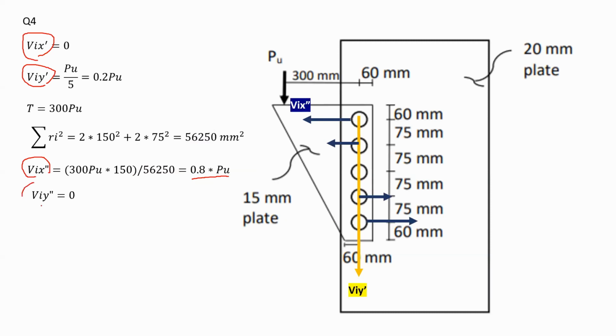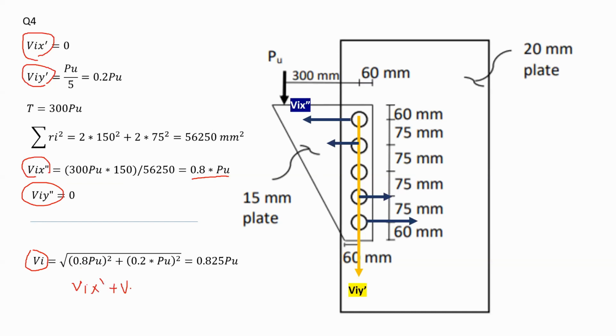Now I have all the forces in here found. I will find the maximum shear force that is applied on one bolt, and you can do that by saying V_i, that's the magnitude of the shear force, equals the square root of, and under that square root, you have, let me write it down, V_ix' plus V_ix'' all squared, plus V_iy' plus V_iy'' all squared, and put them under the square root.